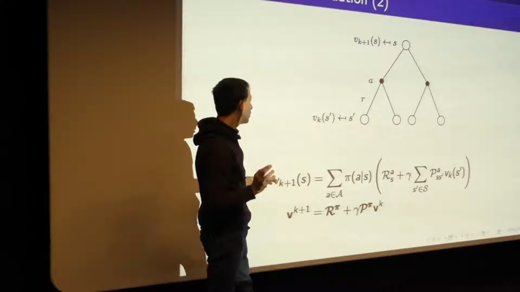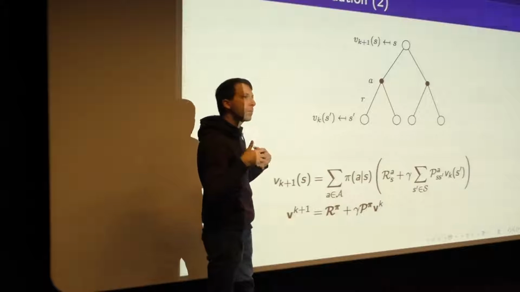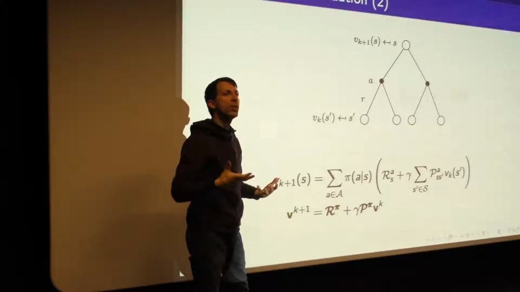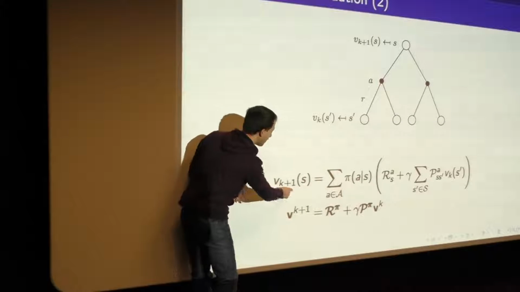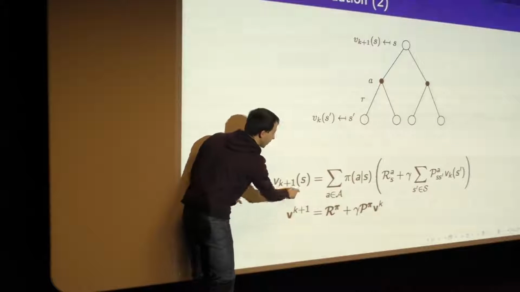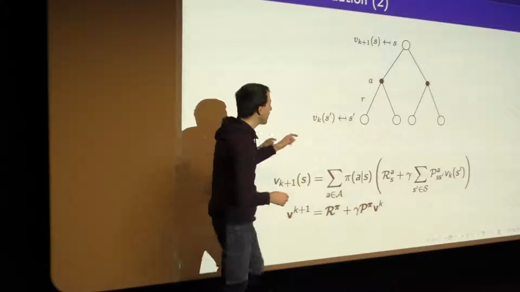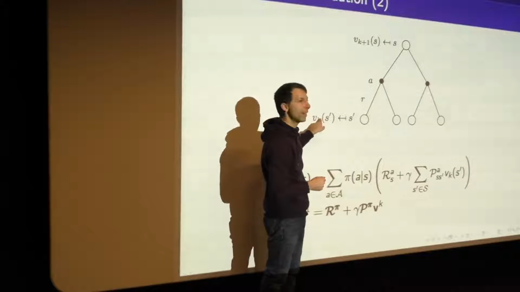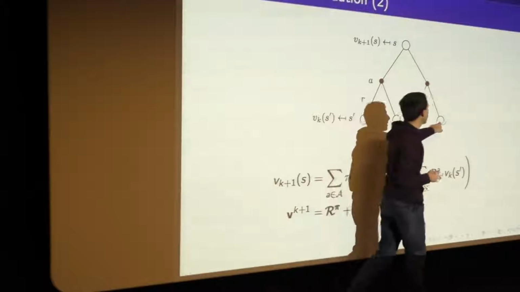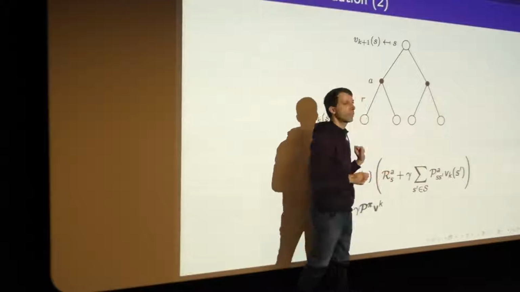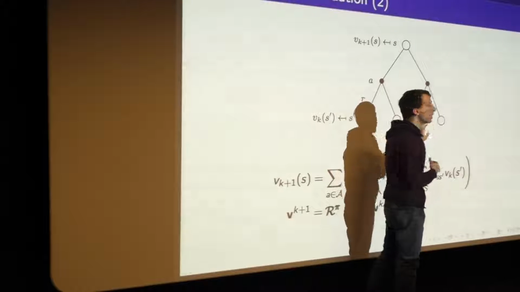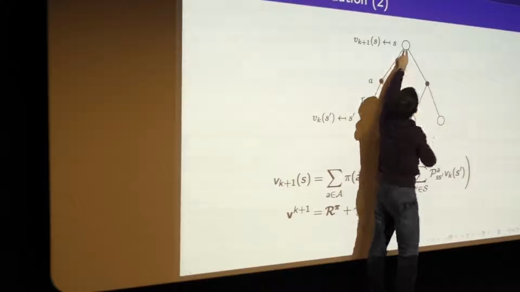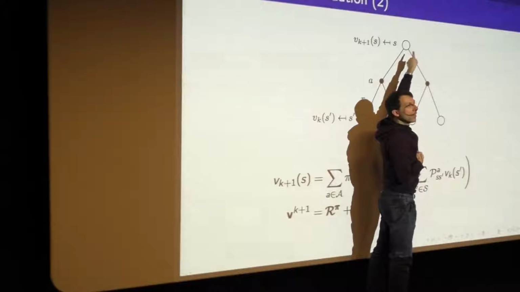Now all we're going to do for dynamic programming is turn this equation into an iterative update. In other words, we're going to define the value function at the next iteration by plugging in the previous iteration's values at the leaves. So we take our value function from the last iteration, vk, plug in those values at the leaves, and back up those values to compute one single new value for the next iteration of the root.